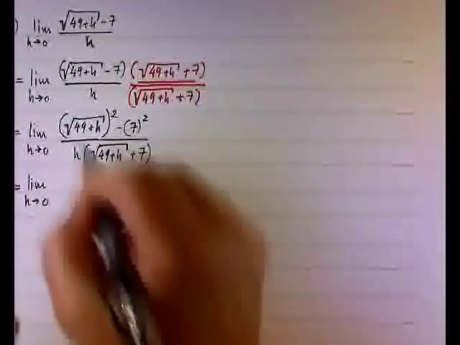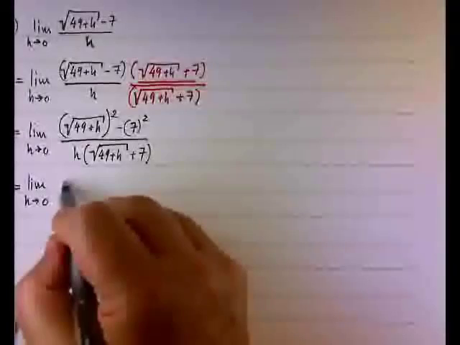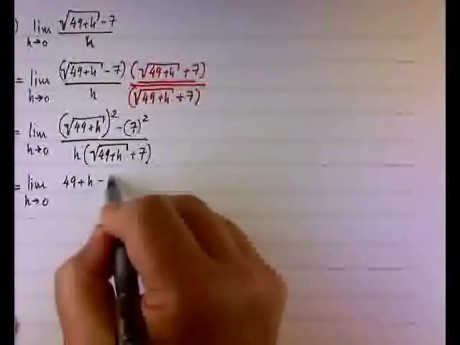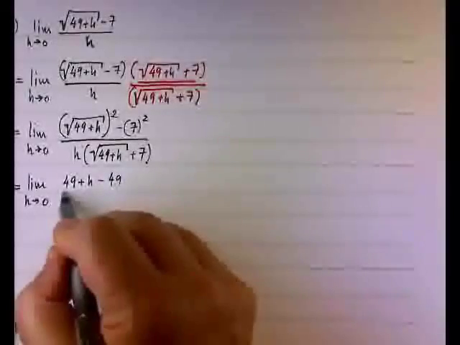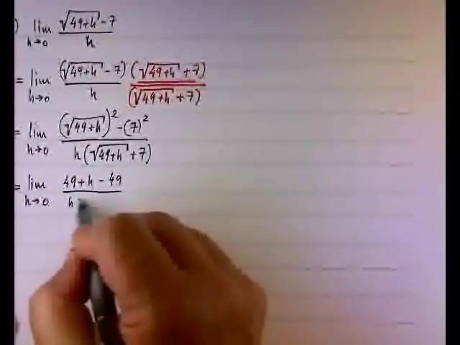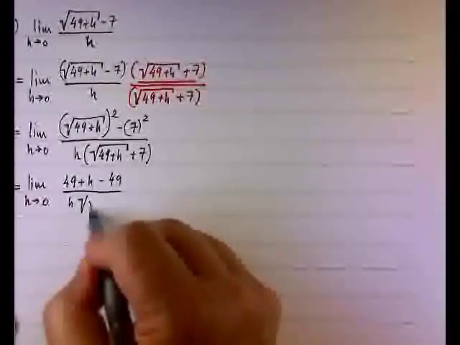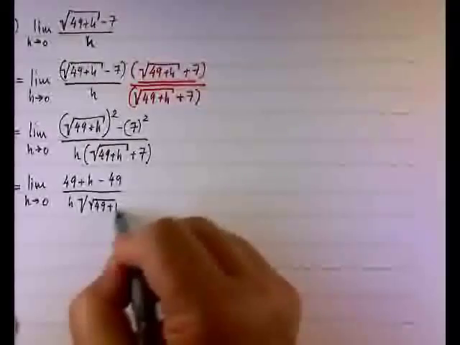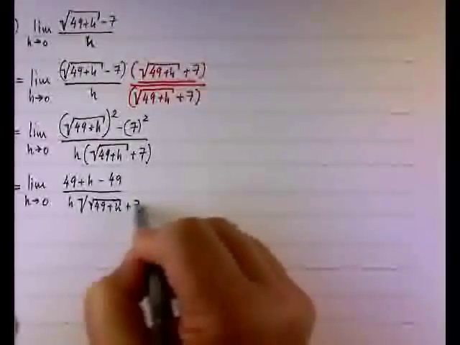Well, basically you're going to get rid of the radical, and on top you have 49 plus h minus 49 divided by h times the expression square root of 49 plus h plus 7, like so.